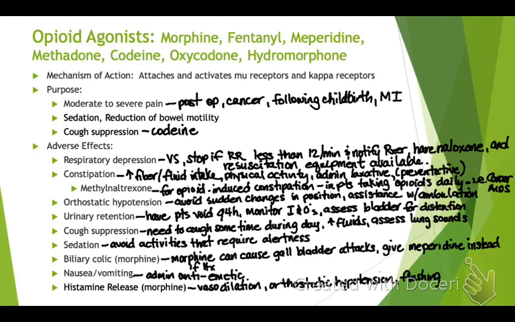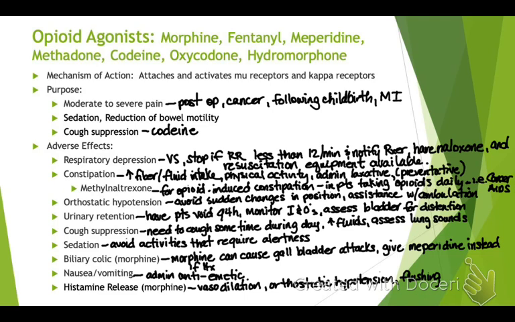Adverse effects of these opioid agonists are going to be respiratory depression. Respiratory depression is one of the big ones. So again, you want to check your vital signs. You want to stop the medication if the respiratory rate is less than 12 breaths per minute.